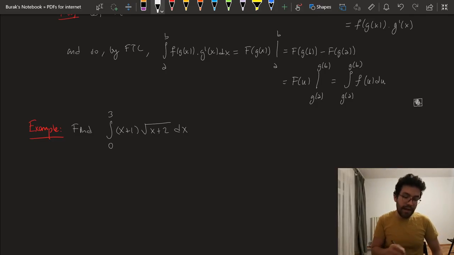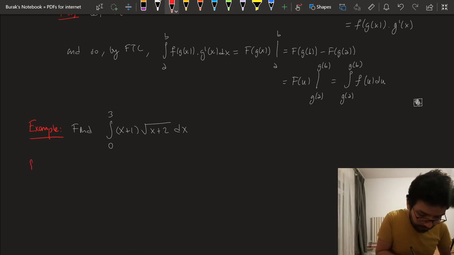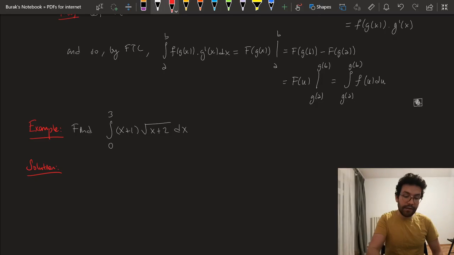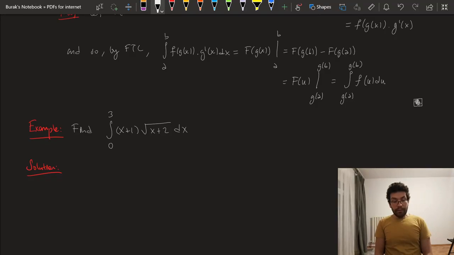Now, how do I find a definite integral? Ideally, if I were very smart, I would just do everything with Riemann sums. But you know what the problem with that is? It will just get too messy. So what do I do? I need to apply the fundamental theorem of calculus.